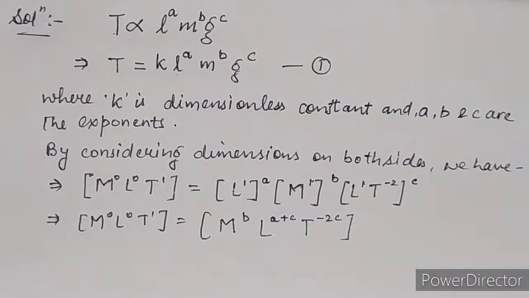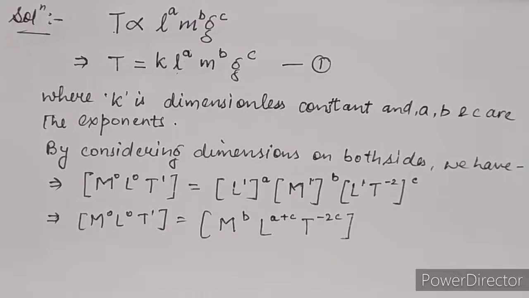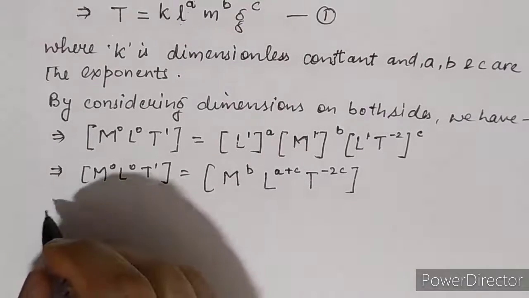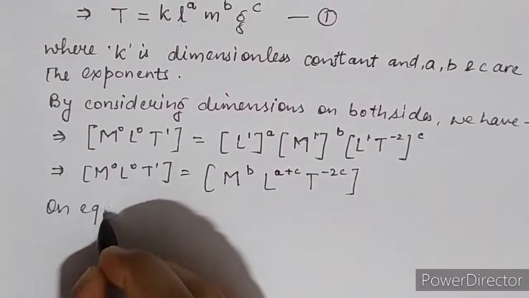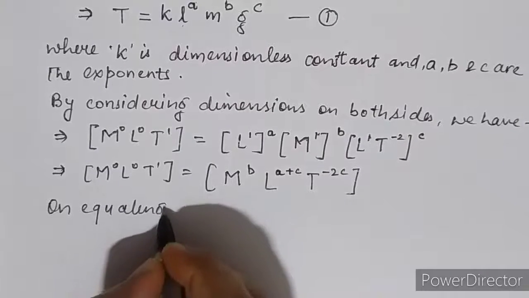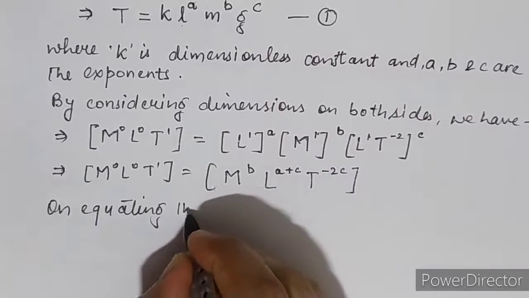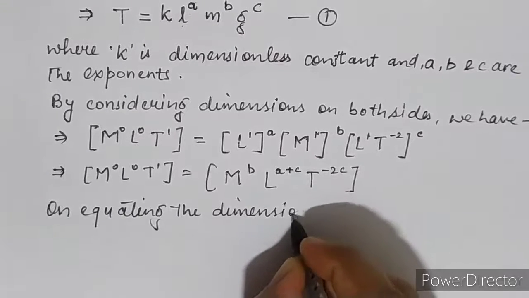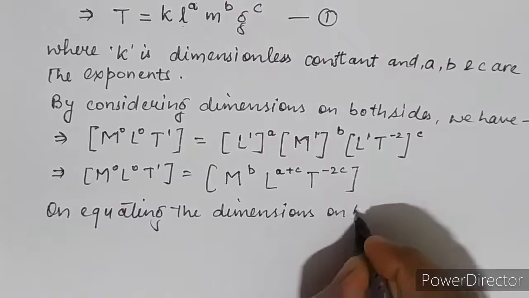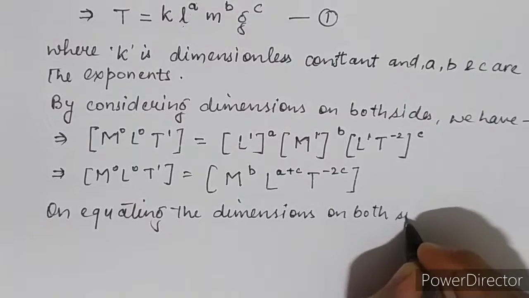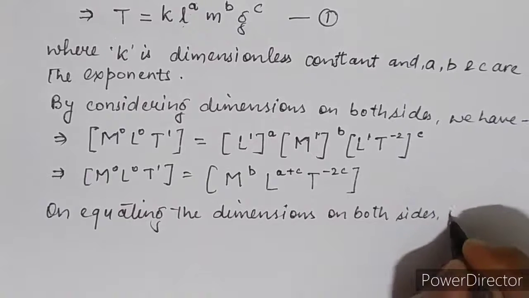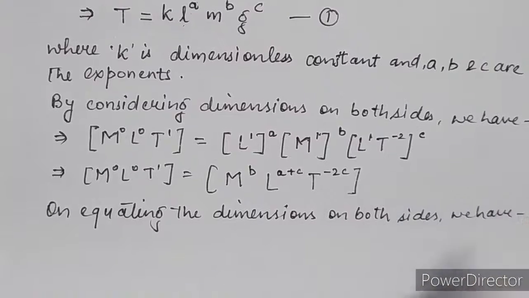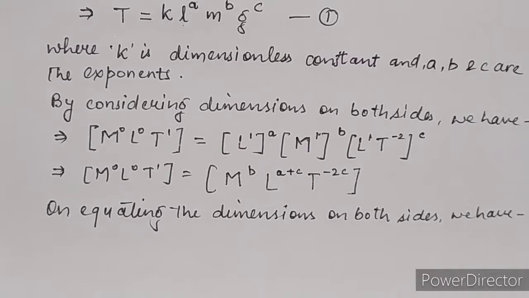Now what we have to do, we are just equating the dimensions on both sides. So, on equating the dimensions on both sides, what we have, we are just comparing.